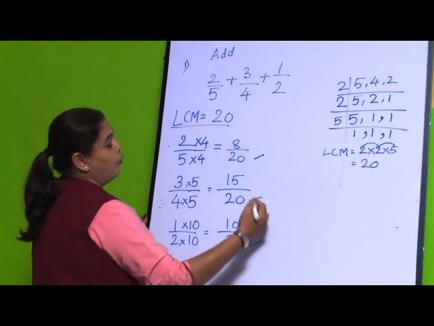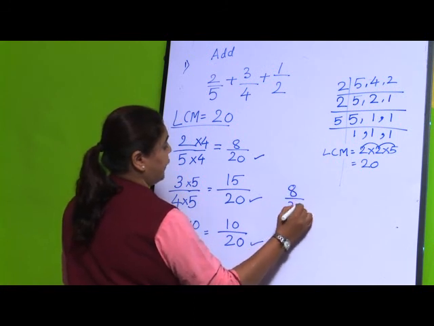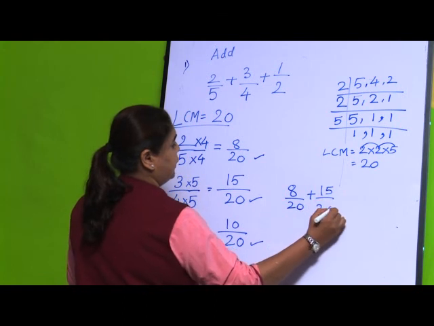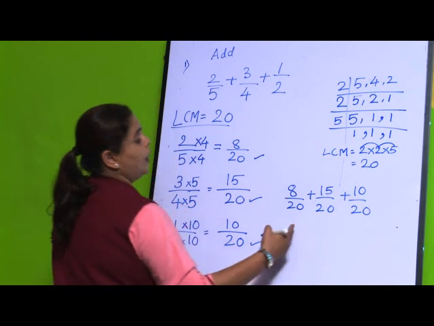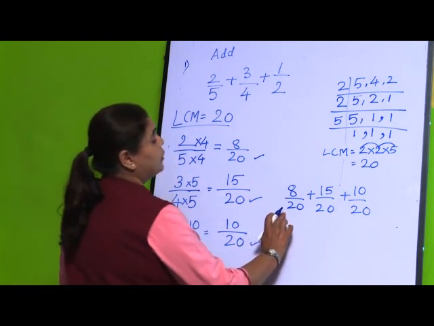One by one we will write here, that is 8 upon 20 plus 15 upon 20 plus 10 upon 20. Now I think you can understand how to do the addition.